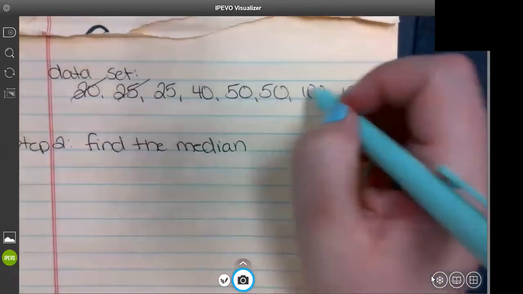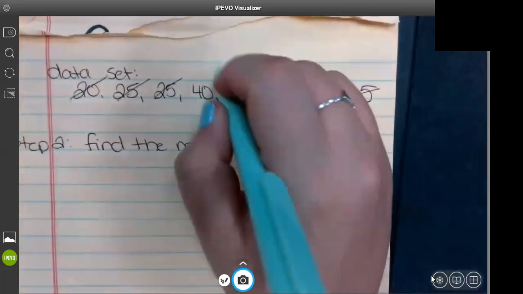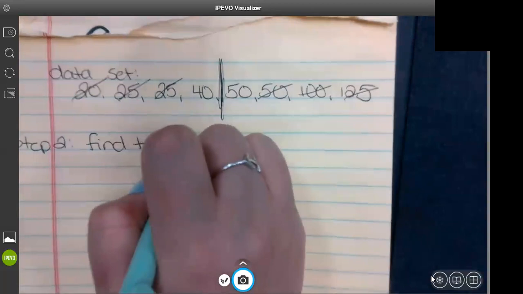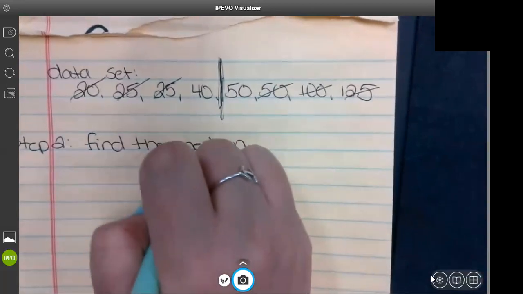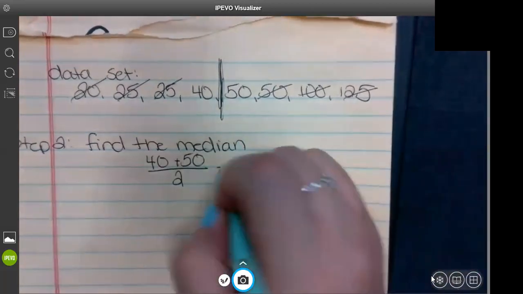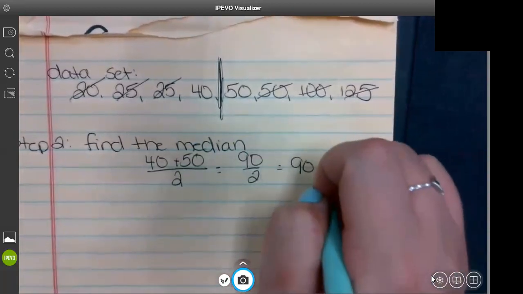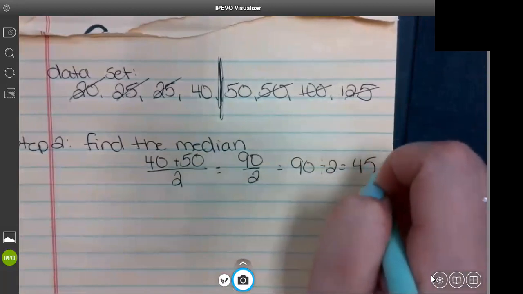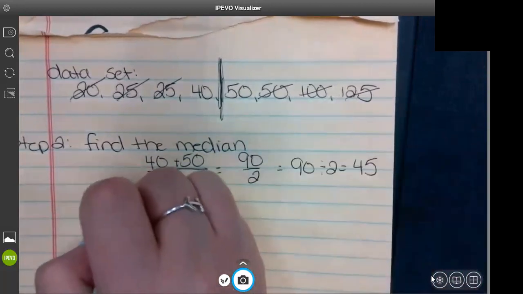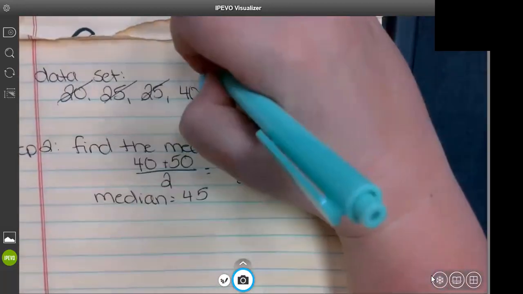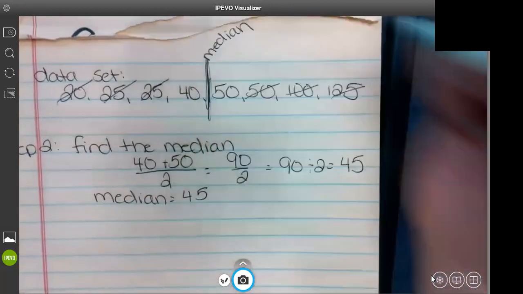Okay, so I rewrote this on another piece of paper. So we need to find the middle number. Our middle number is going to be between 40 and 50. So that means that we're going to have to take the average of this. We add them up and divide it by 2. 90 over 2, which is basically, remember, 90 divided by 2, which will give us 45. So our median is 45. Let's write that right here.